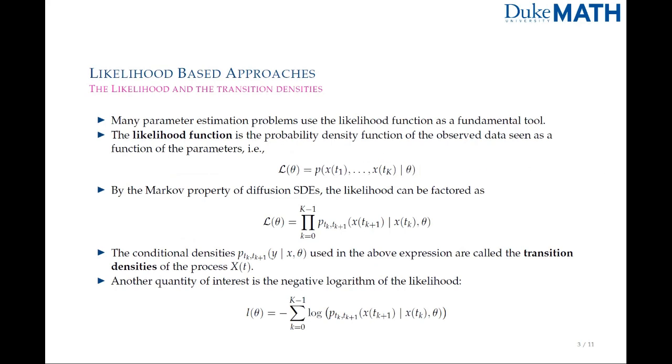By the Markov property of the diffusion SDEs, the likelihood can be factored into a bunch of conditional densities, where the conditional distribution of the value of the process at one time point just depends on the time point which we observe immediately preceding it. The conditional densities used in this expression are called transition densities, and we'll be looking a little bit more into those in the next slide.